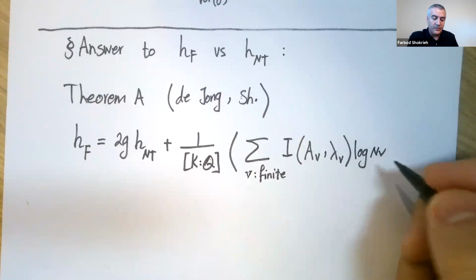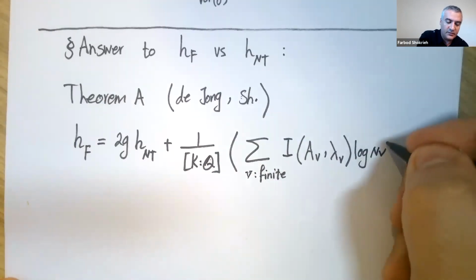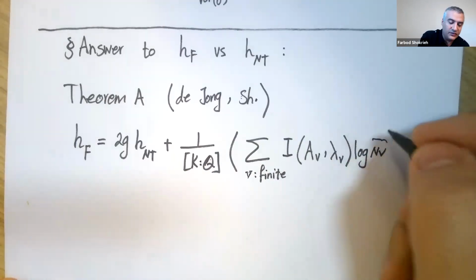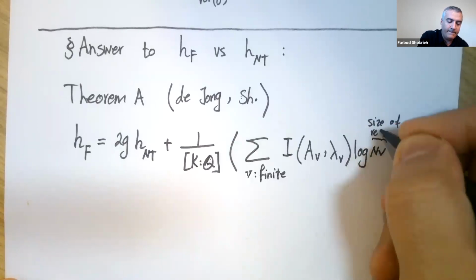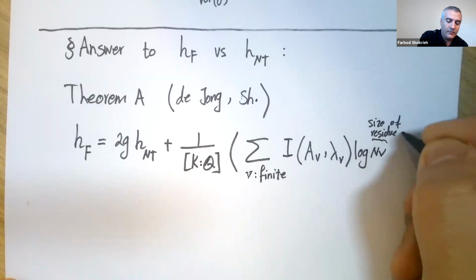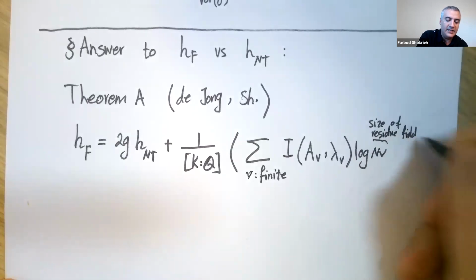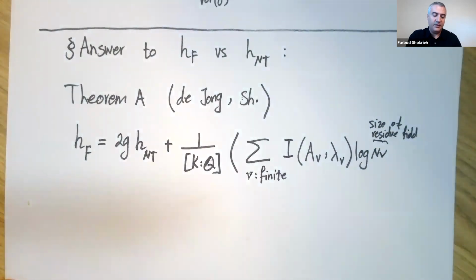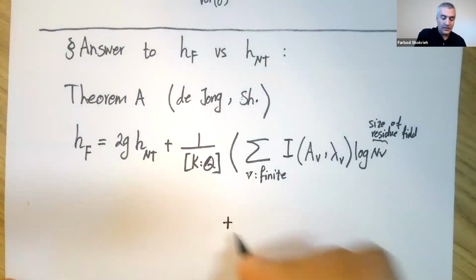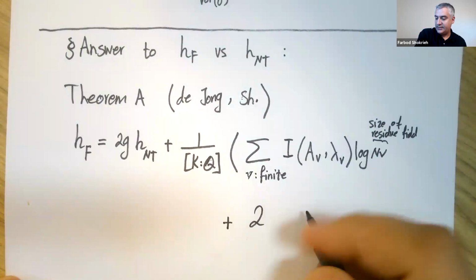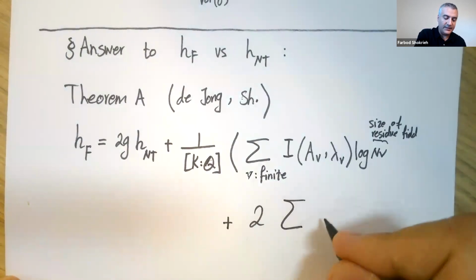And then you have to also compute the size of the residue field in the case that we are working with a prime. And there is twice something for infinite places.